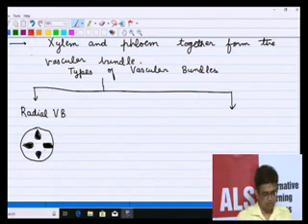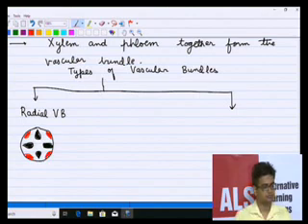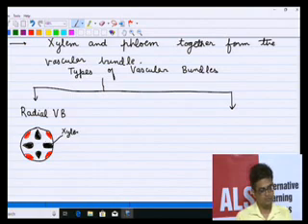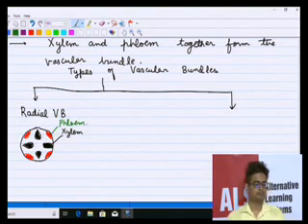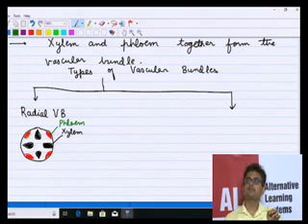And phloem I will draw with red. This is phloem and this is xylem. So see carefully here.